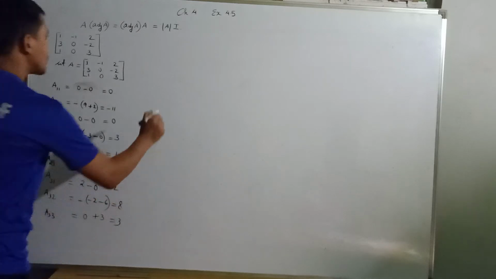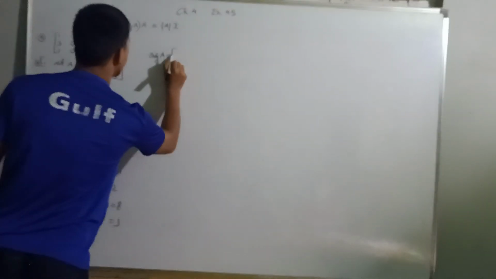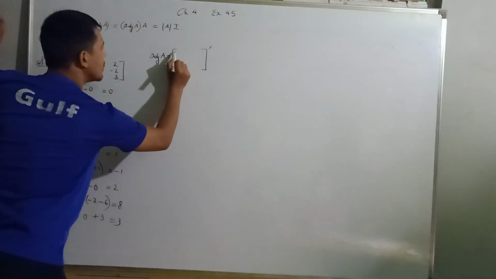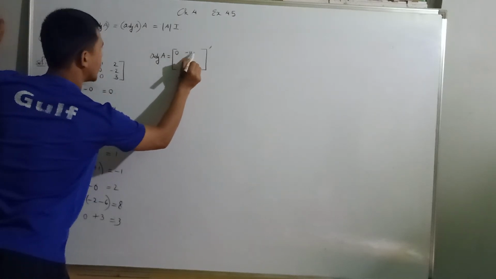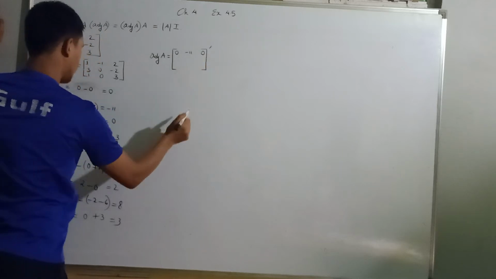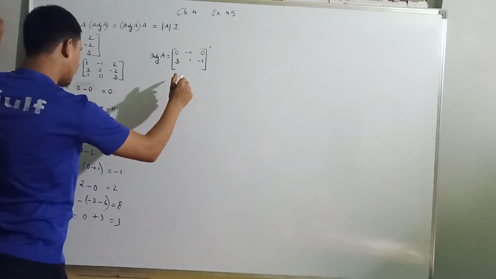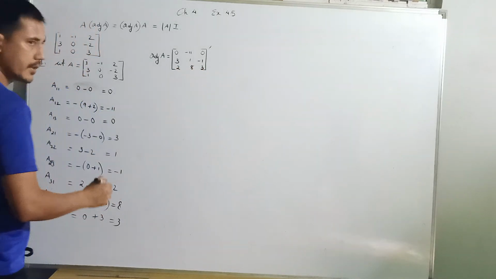So your adjoint of A will be the transpose of the cofactor matrix of this matrix. So this is 0, minus 11, 0, 3, 1, minus 1, 2, 8, 3.